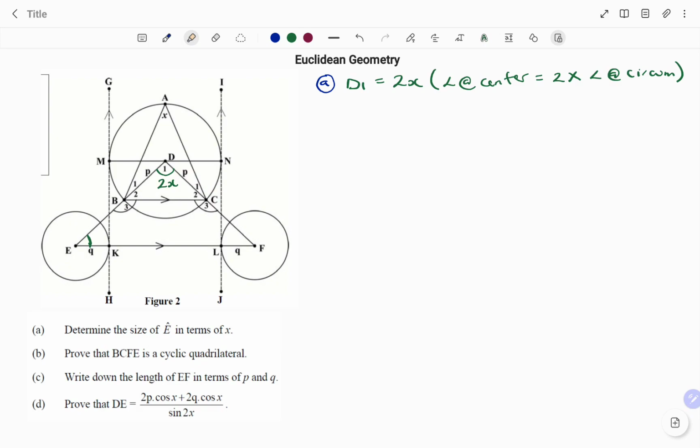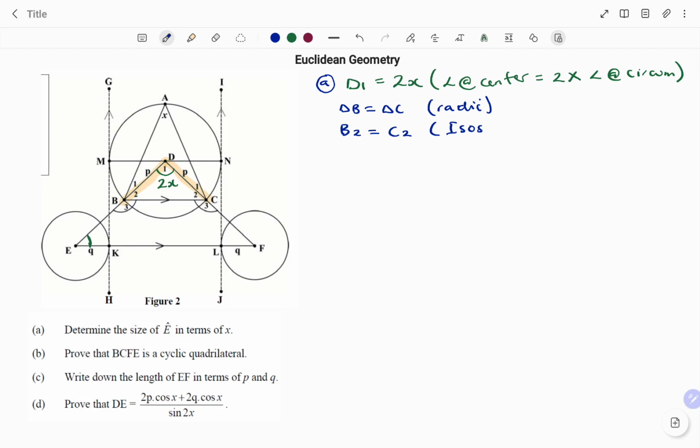Because we know that D is the center of the circle, the lines DB and DC are equal. They are both radii. So we have DB equals DC. That's radii to the circle. Therefore, angle B2 is equal to angle C2.